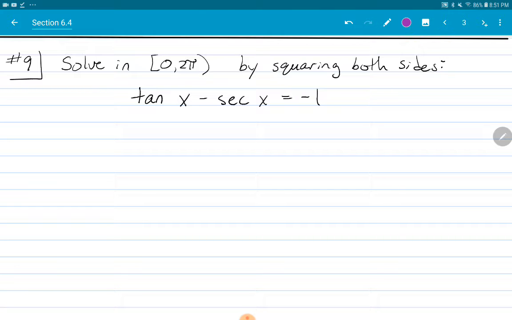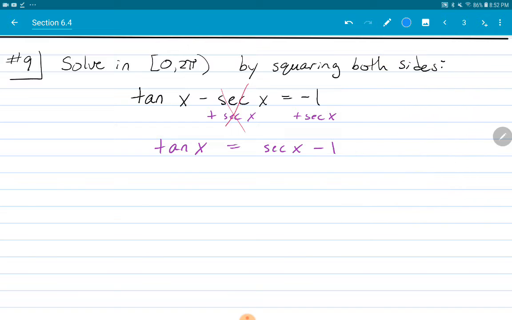So in order to avoid that complication, I'm going to move the secant over to the right by adding a secant x to both sides, which leaves me with tan x on the left and secant x minus 1 on the right, since these will cancel each other.